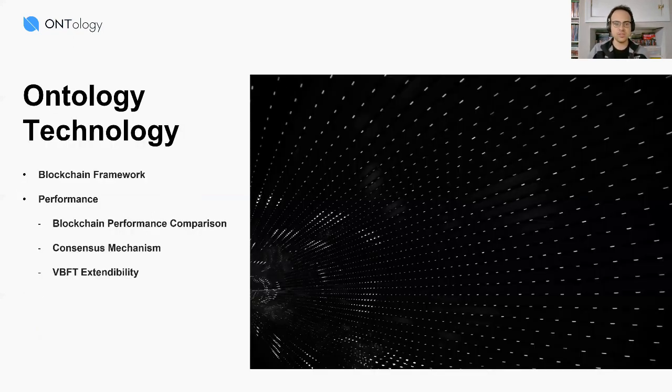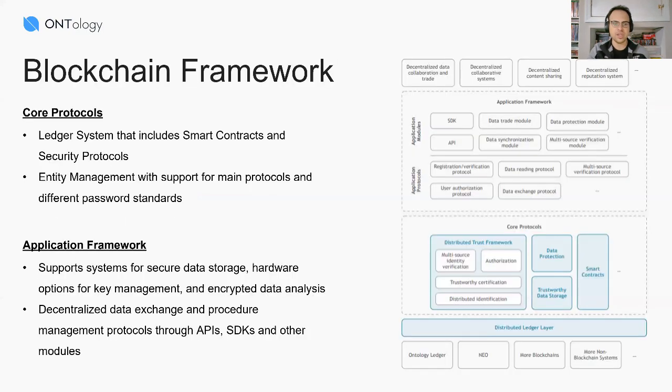So going more into the Ontology technology itself, the core protocol is a ledger system, a blockchain system. It has smart contracts, and it has security protocols in place. There's different entity management for the main protocol. On top of that, we have an application framework.